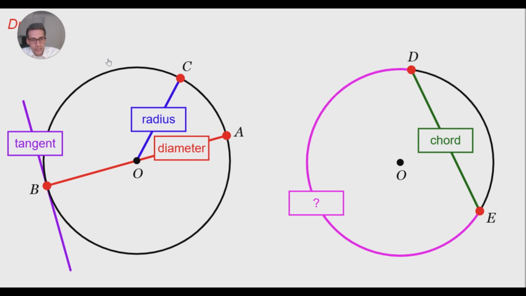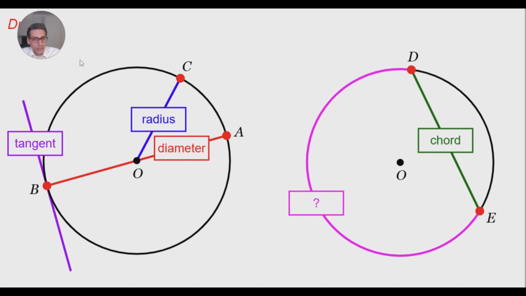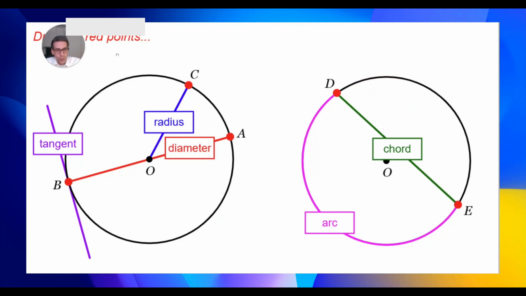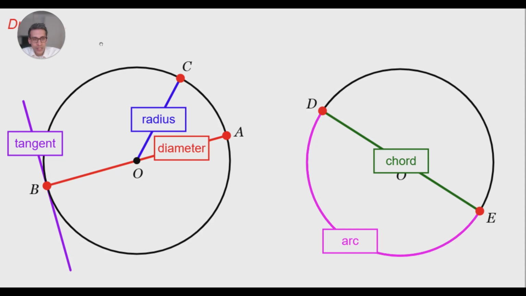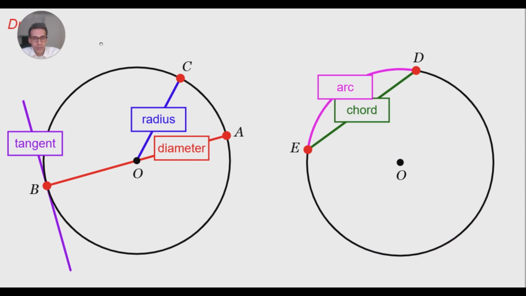This pink line here forms like an arc shape. That's because it's called an arc. Now, if the chord goes through the center, then yes, it is actually the diameter. So the diameter is just a special case of the chord that happens to go through the center of the circle. Otherwise, a chord just touches the circumference at two places.